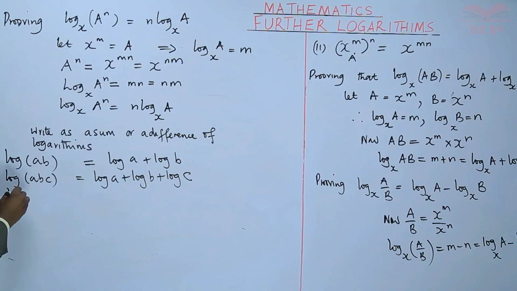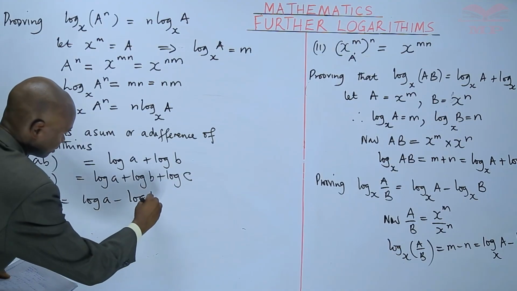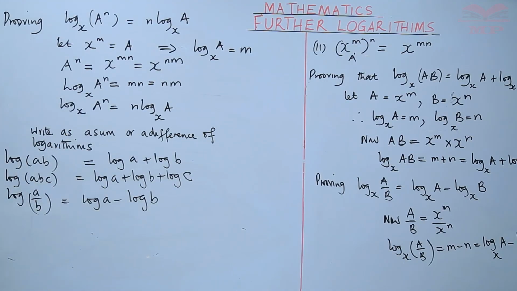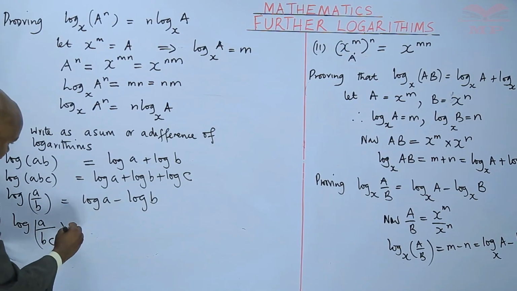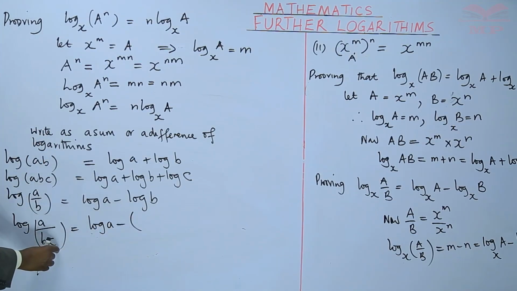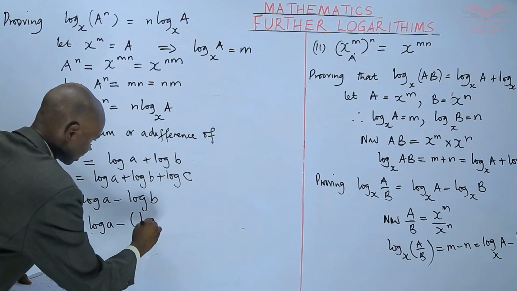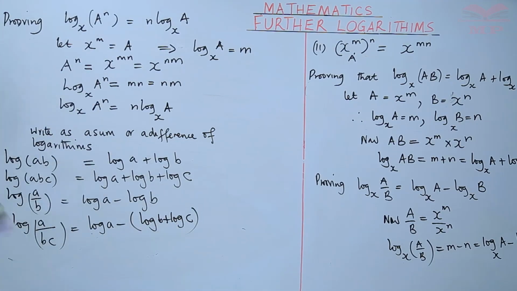When we have log A over B, it will become log A subtract log B. That is how the laws start working. When we have log A over BC, it simply becomes log A subtract, in brackets, because these ones are combined, log B plus log C. So it's as simple as that.